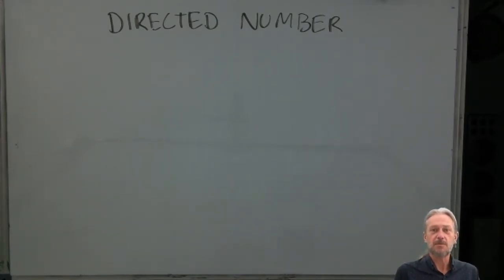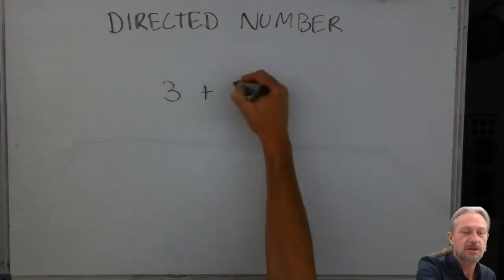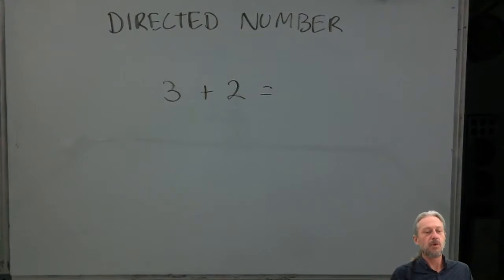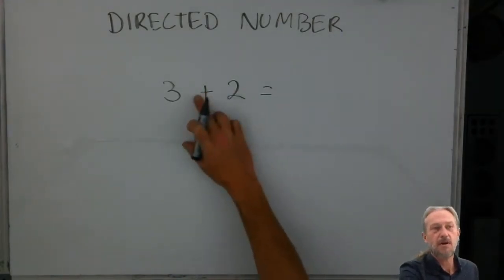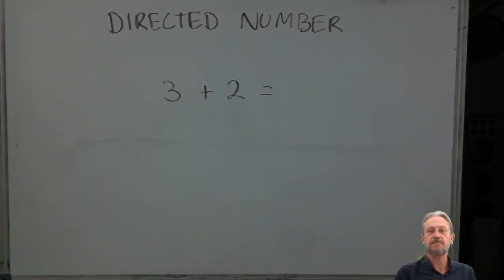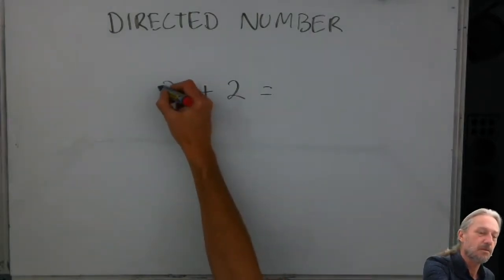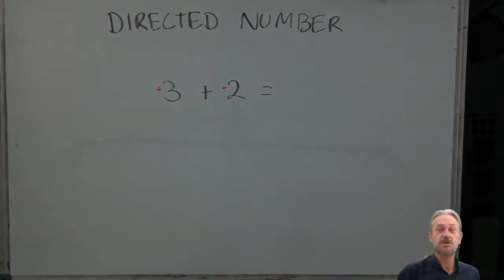Most of the way through people's maths learning, for example, let's just say we have 3 plus 2. We have numbers, we have operations, and what we're not used to is the assumption that the numbers we plug in either side of an operation are always positive, because until this thing is taught in high school, negative numbers are a bit of a secret.